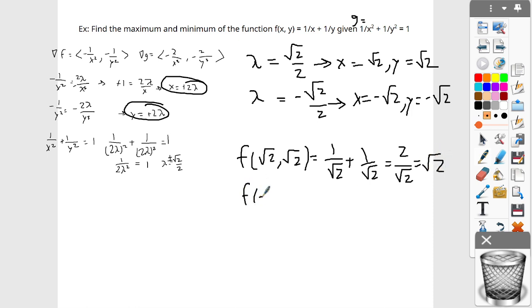And then at (negative square root 2, negative square root 2), it is 1 over negative square root 2 minus 1 over square root 2, which is negative 2 over square root 2, which is negative square root 2. So that's your max, square root 2, on the boundary 1 over x squared plus 1 over y squared equals 1, and your minimum is negative square root 2.